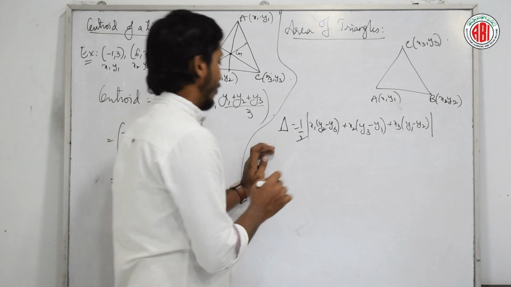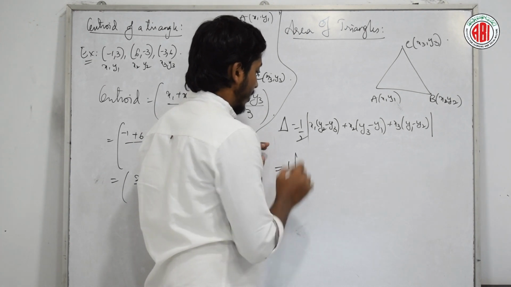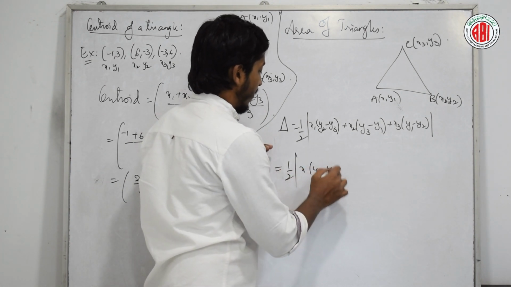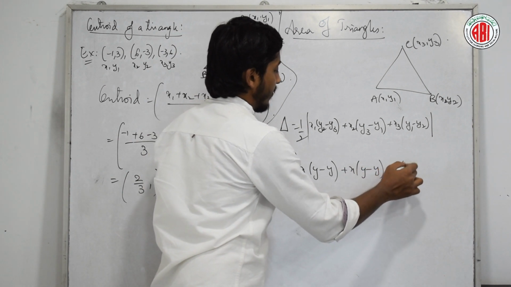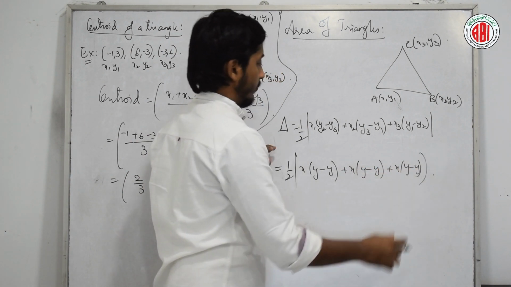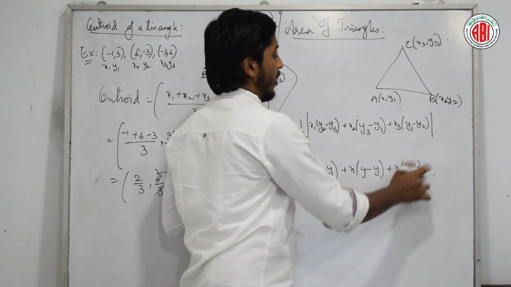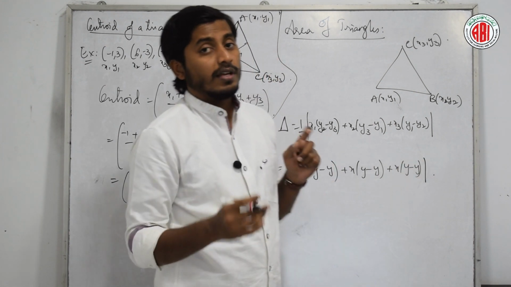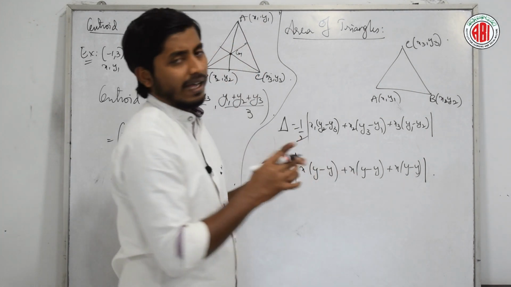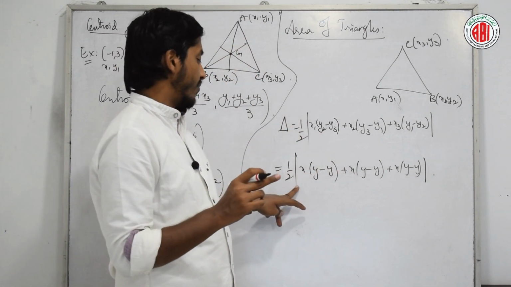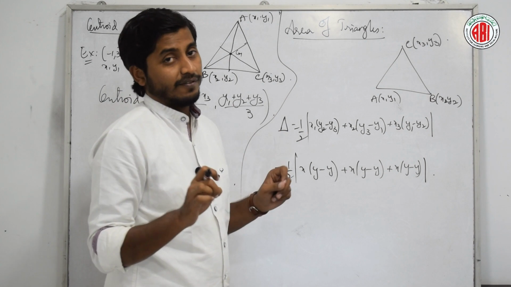For the people who can't remember, I'll tell you a trick. Just write x, y, x, y, x, y. This is modulus. Why do we keep modulus? Because the area should always be positive. Even if I get some negative answer inside, the modulus makes it positive.